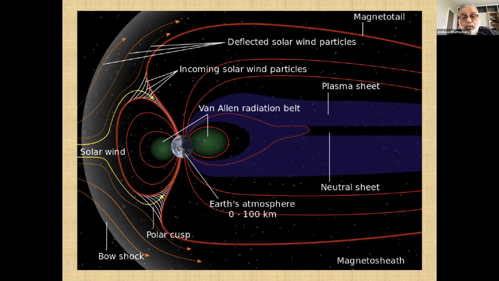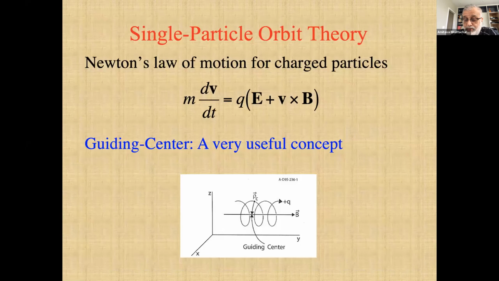So this is a quick qualitative overview of what the magnetosphere looks like. And before I get further into a discussion of the radiation belts or the ring currents, I promised Professor Knipp that I'm actually going to do a few things in single particle orbit theory in order to set up her lecture and mine as well.